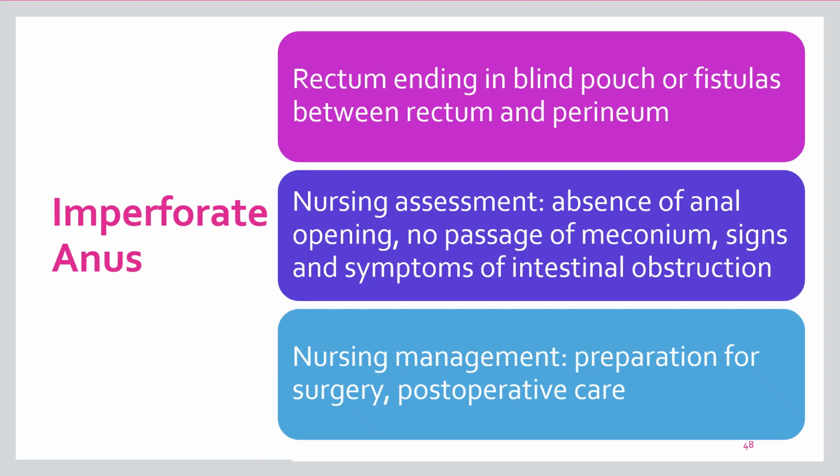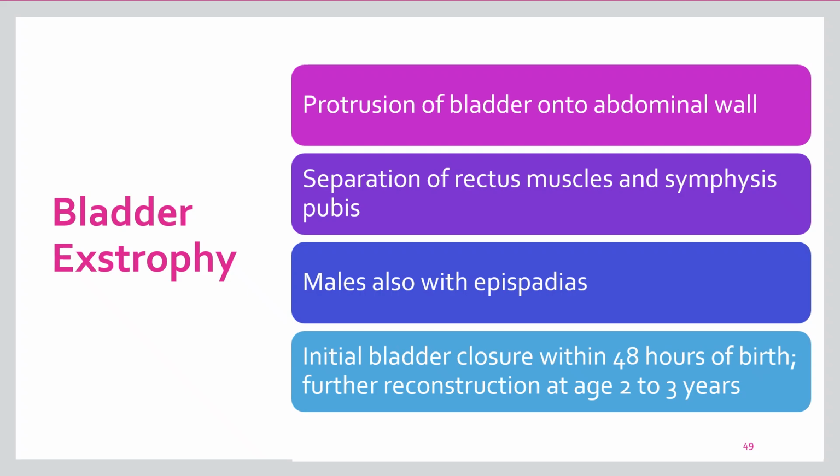It's the same like the obstruction there. So you will see signs and symptoms of obstruction, like abdominal distension, and then vomiting. The patient keeps vomiting. Those are the signs of intestinal obstruction. Nursing management: preparation for surgery, post-operative care. These patients definitely need surgery to correct the problem, because they cannot live long without passing meconium.